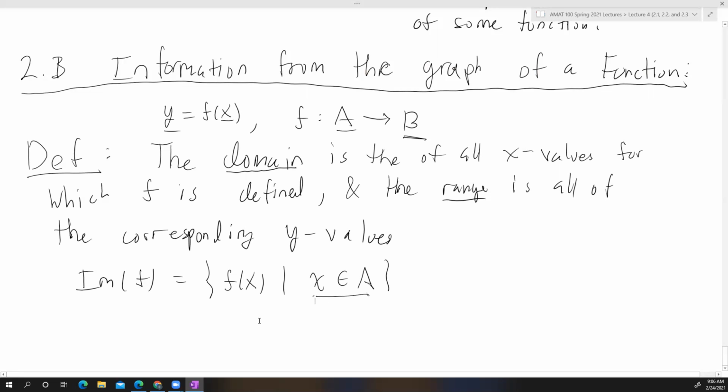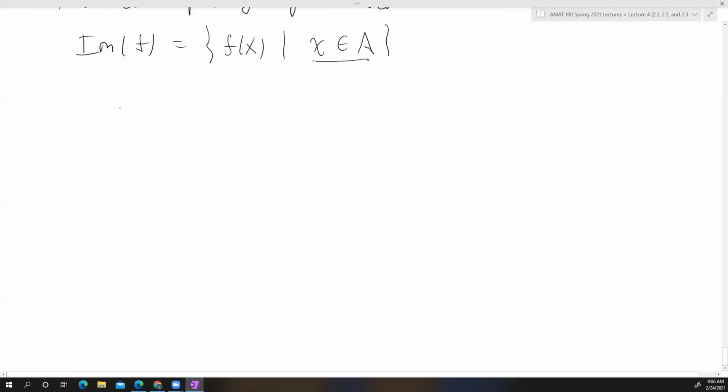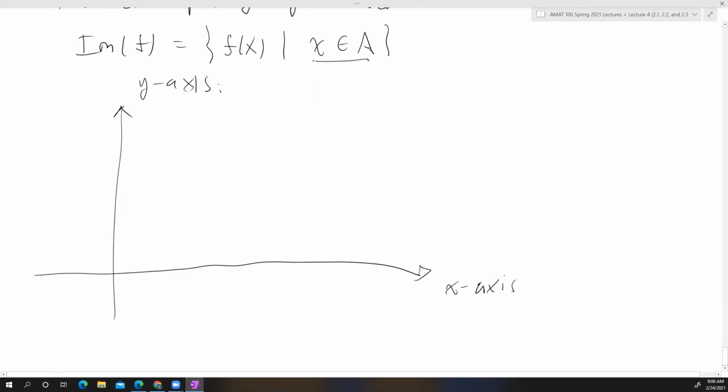So geometrically, this corresponds to the following. So we have the xy plane, or just the coordinate plane, and then we have the x-axis and the y-axis. And then A will be a subset of the x-axis, B will be some subset of the y-axis. And then when you plot the function, it will be a subset of the coordinate plane.